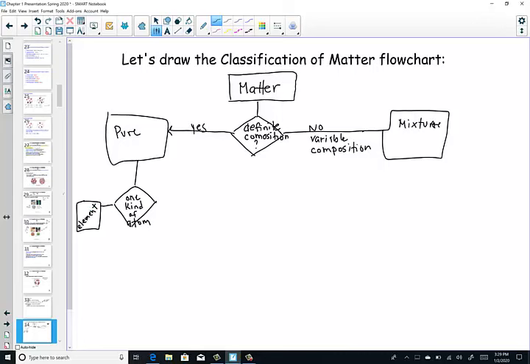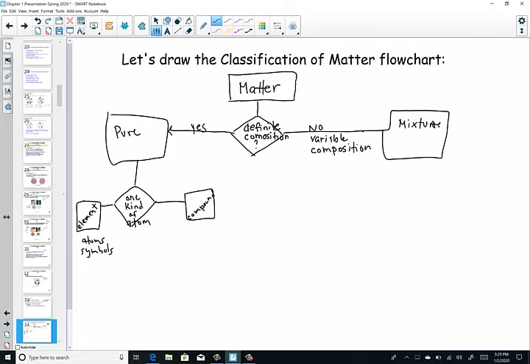And if it has more than one kind of atom, we call it a compound. Elements are built of atoms. Elements have symbols on the periodic table. They are the simplest form of matter and cannot be broken down any further.